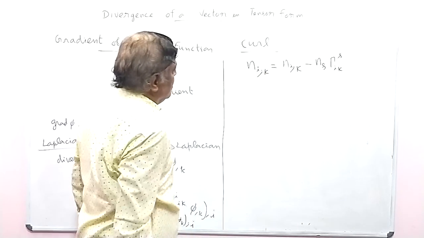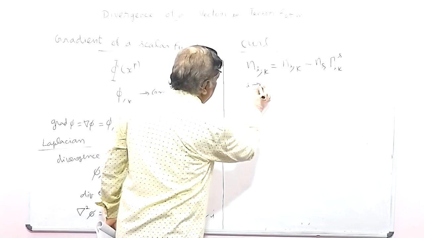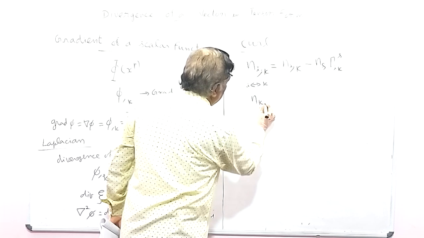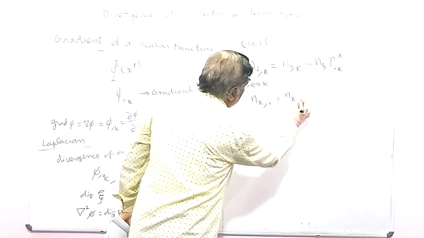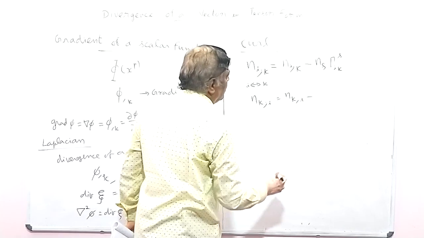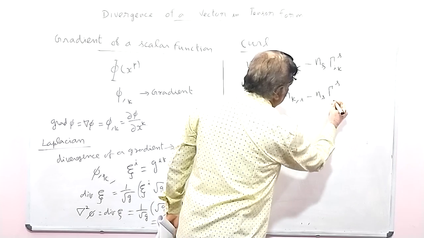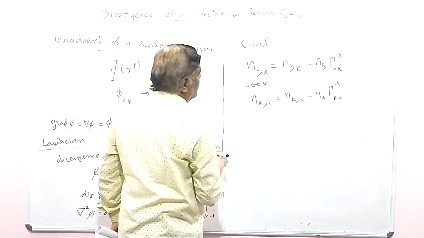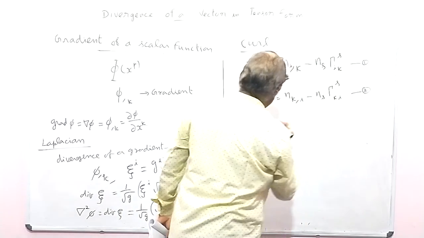Now change the index i to k and k to i. Then this becomes n k semicolon i is equal to n k comma i minus n s gamma s ki. So this is equation 1, and now this is equation 2.